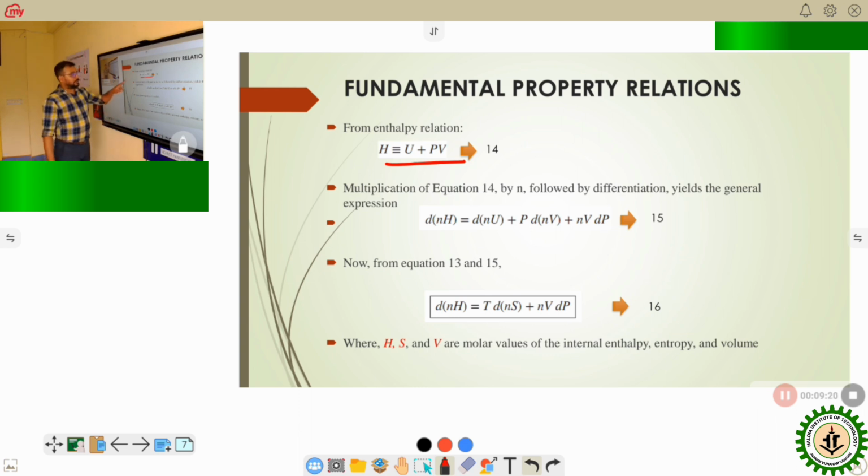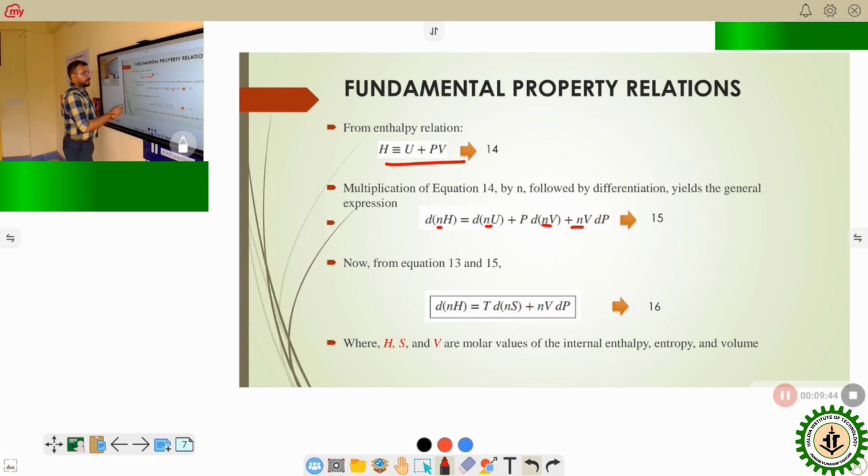Okay, and that can be differentiated, which will yield the general expression d(nH) equals d(nU) plus P d(nV) plus nV dP, where small n represents the number of moles present in this system or in the flow system.